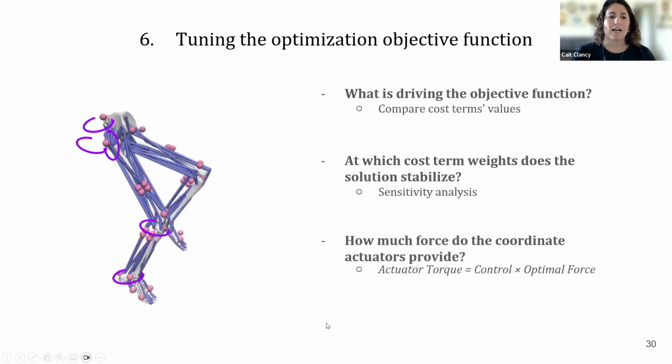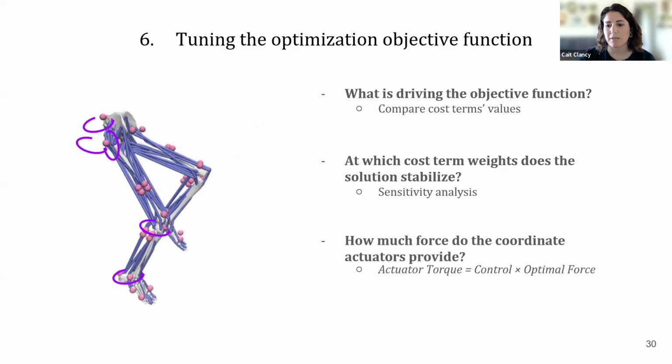And finally, we're going to bring back these coordinate actuators. And during each stage of the iterations of these objective functions and optimization, we want to be checking how much force the coordinate actuators provide. So as a reminder, the torque that they're putting out is the control multiplied by their optimal force value.